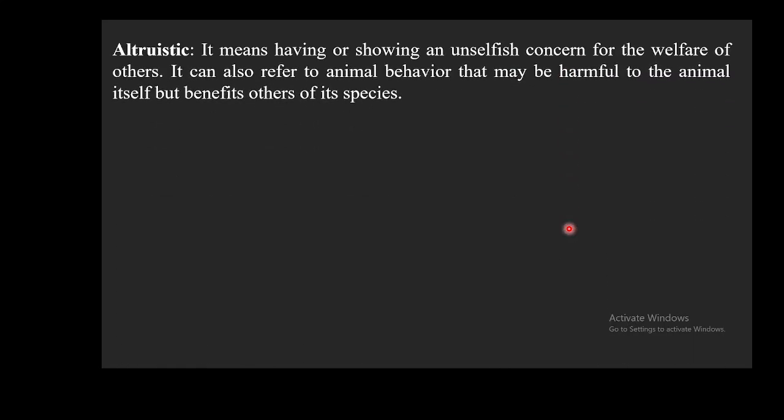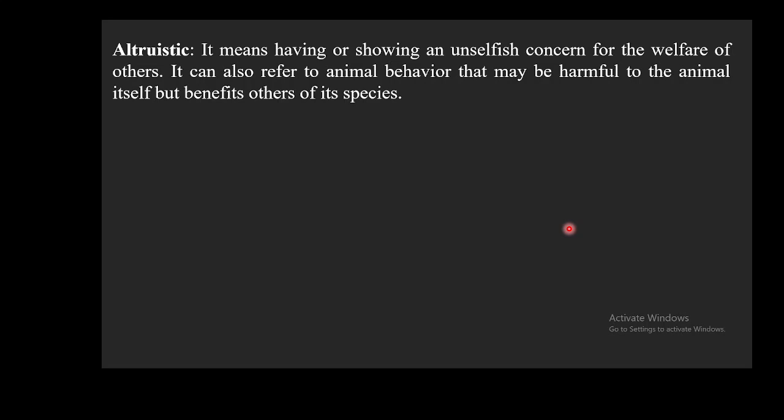So now we know that according to Darwin, the more fit the individual is, the more likely it is to survive. They call this process the survival of the fittest. But this is not always going to happen, due to altruistic behavior.